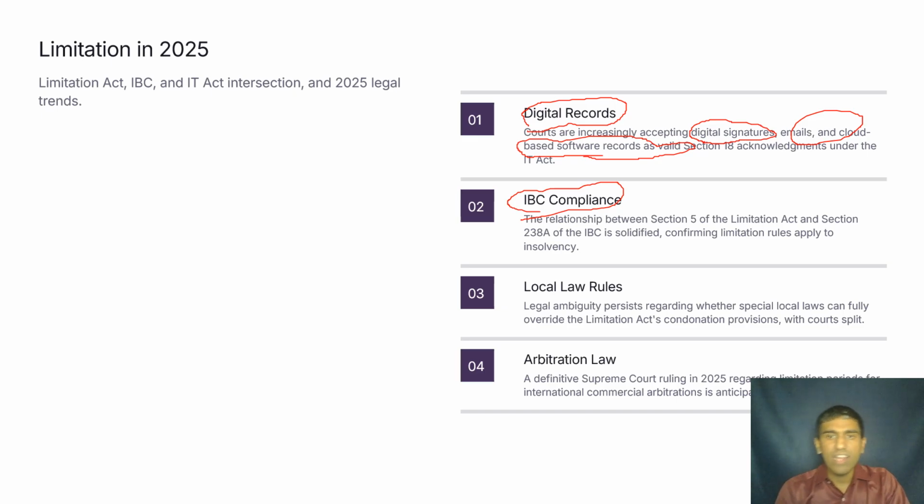Then there is also ambiguity persisting. The Limitation Act specifies the period of limitation for certain cases, but there are certain local laws as well, state laws you could say, which specify their own limitation periods.